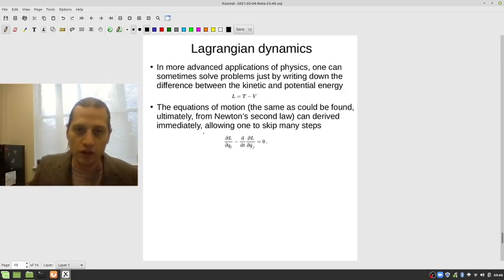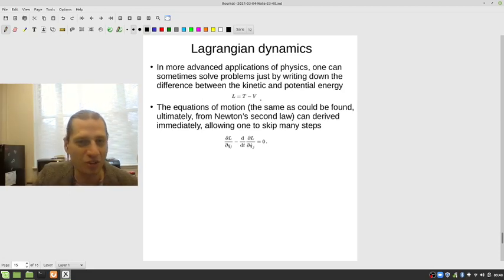Essentially, what you do is you write down something called a Lagrangian. And this is just the sum of all the kinetic energies of the particles minus the potential energies of all the particles. And by doing that, nature essentially tries to minimize the Lagrangian, or minimize changes in the Lagrangian.